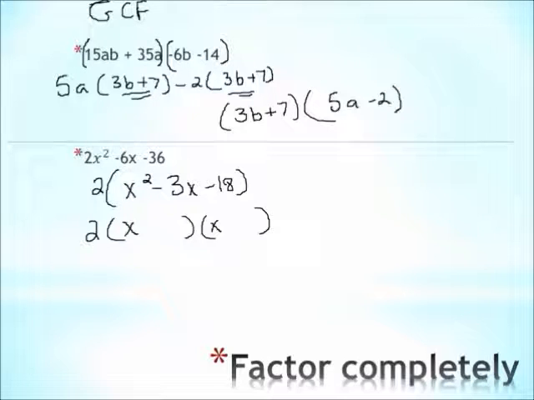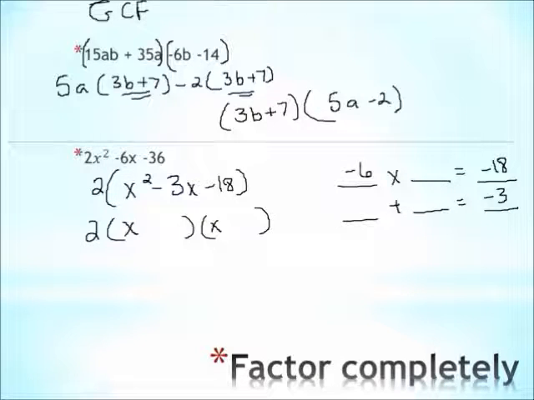So let me just write that out so you can visually see what I'm saying. We're looking for factors that when we multiply them together, it gives us -18. We are also looking for the same numbers that when we add them together, it gives us -3. Well, let's see. 18, how about -6 and 3? -6 and 3. So since that's the case, here are our binomials.